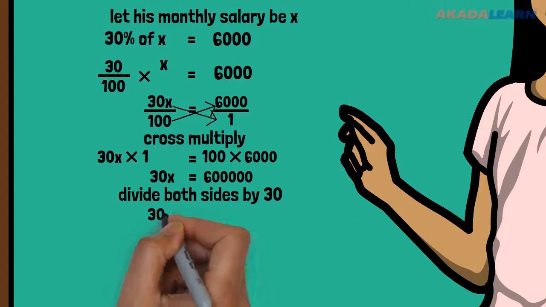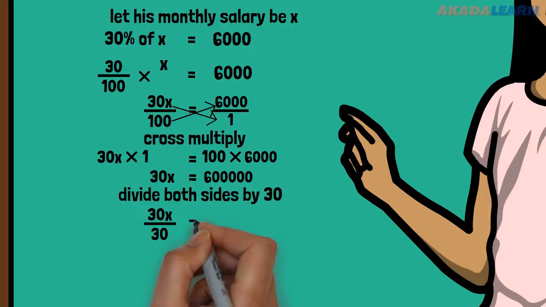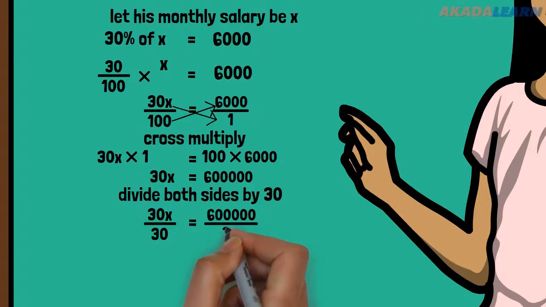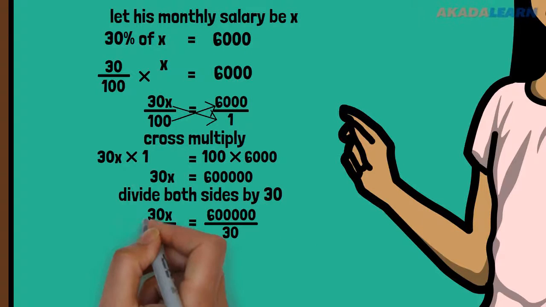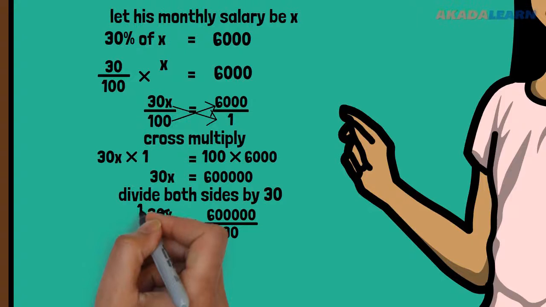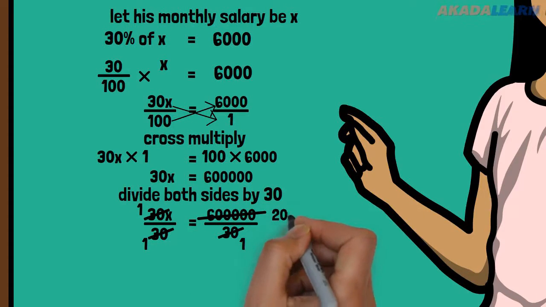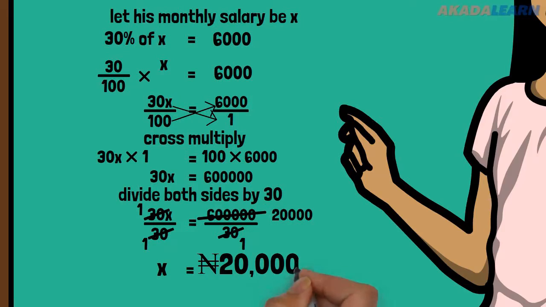So divide both sides by 30. That's 30x over 30 is equal to 600,000 over 30. Alright, 30 divided by 30, 1. 30 divided by 30 again, that's 1. 600,000 divided by 30 is 20,000. So therefore x is equal to 20,000 naira.